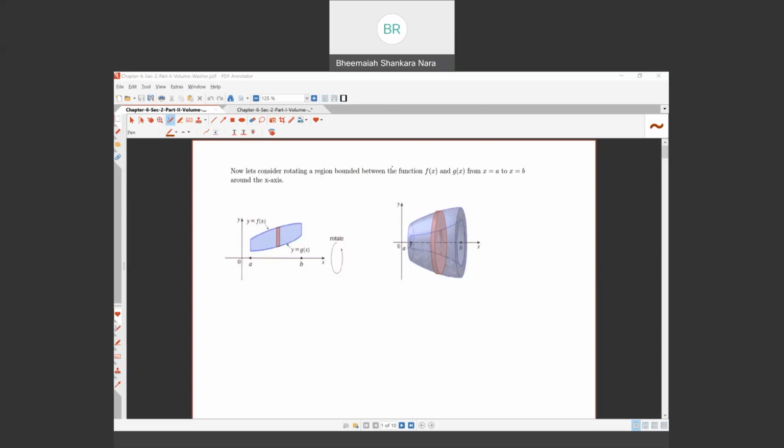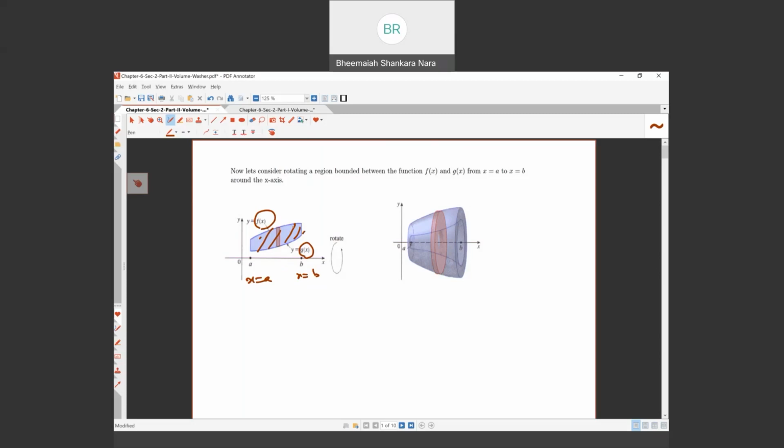So here is x equal to a, x equal to b, around the x-axis. So we are finding the region bounded by two curves f of x and g of x. That's this region. When we rotate this region, all we get is two disks and this solid region here.